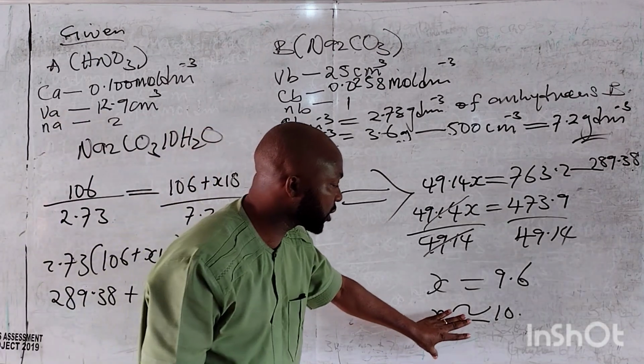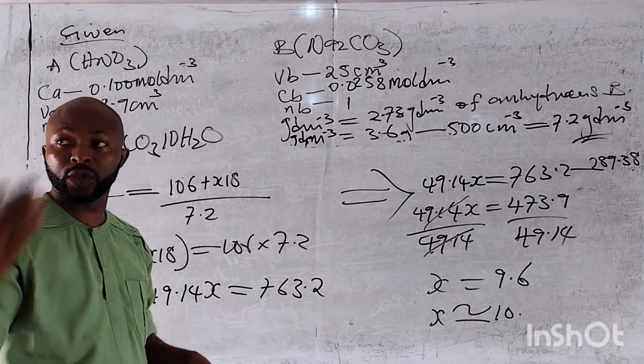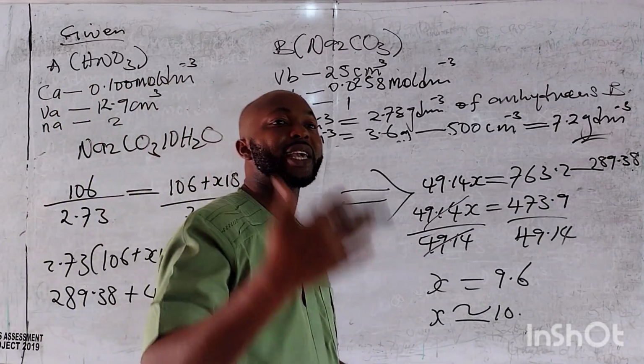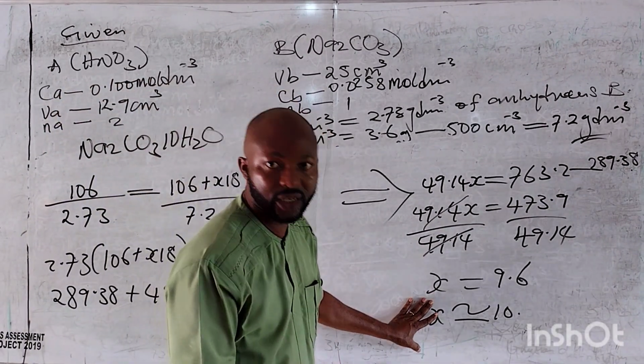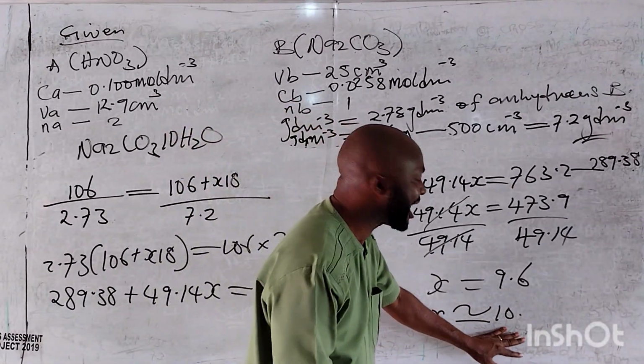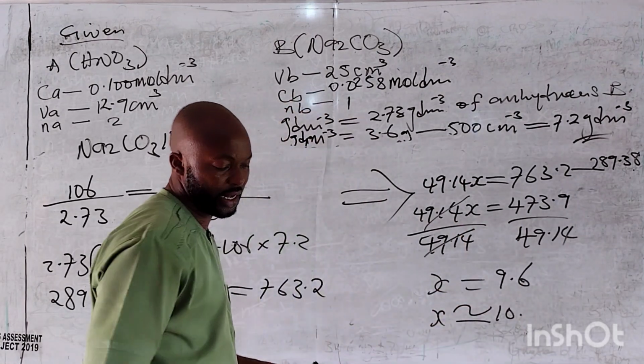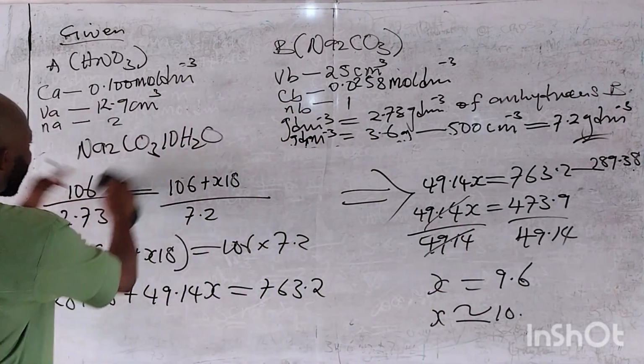So now I've got my x. Now they're asking us to get the percentage, which was the initial question they asked, but we can't get there without knowing what our x is. So now I have to substitute this directly. Permit me to use 10, I don't want to use 9.6, it's almost the same thing.